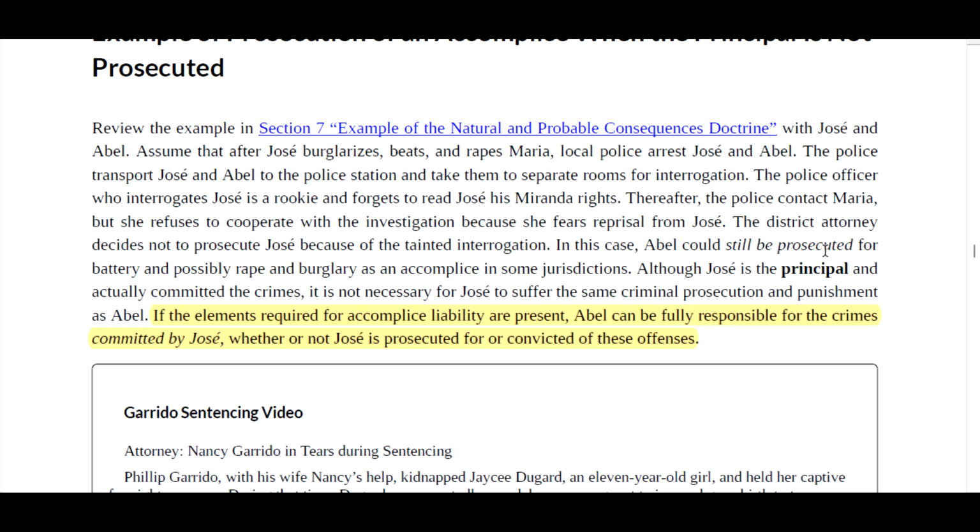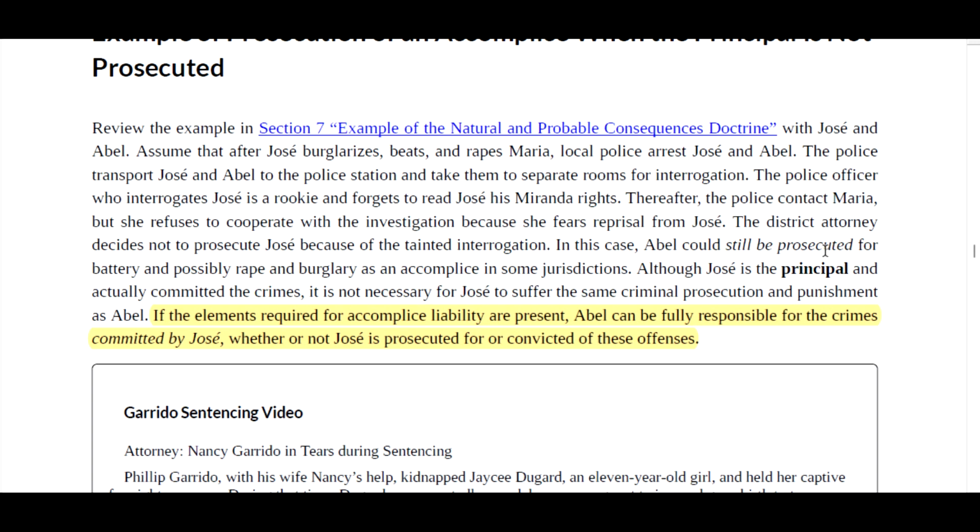In the case, Abel could still be prosecuted for battery and all the other things as an accomplice. Although Jose is the principal and actually committed the crimes, it's not necessary for Jose to suffer the same criminal prosecution and punishment as Abel. If the elements required for accomplice liability are present, Abel can be fully responsible for the crimes committed by Jose, whether or not Jose is prosecuted for or convicted of these offenses.